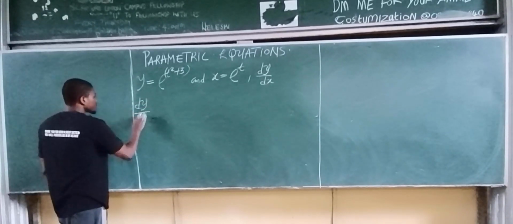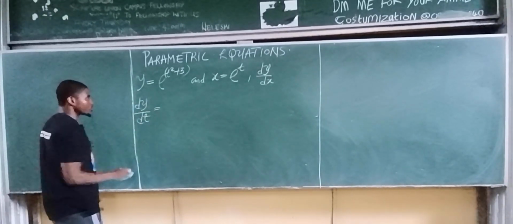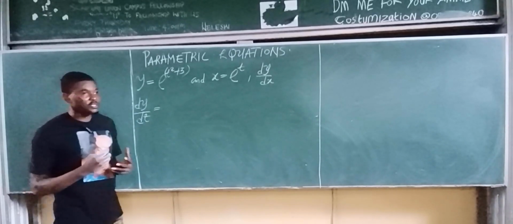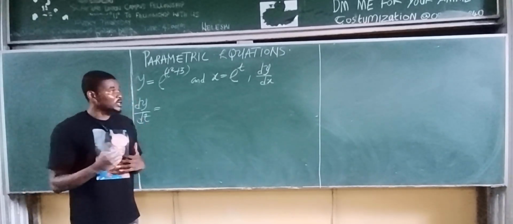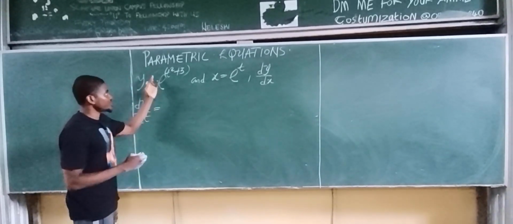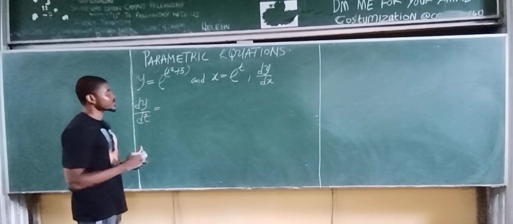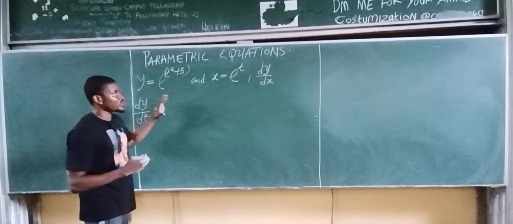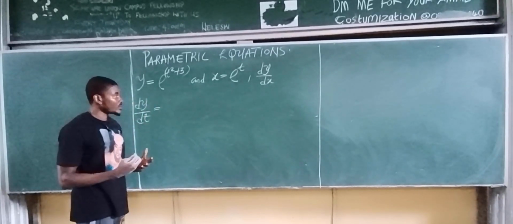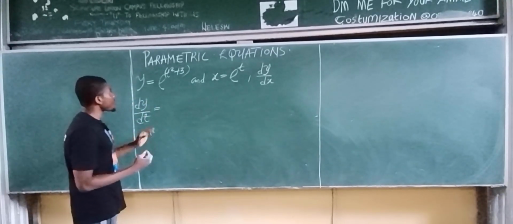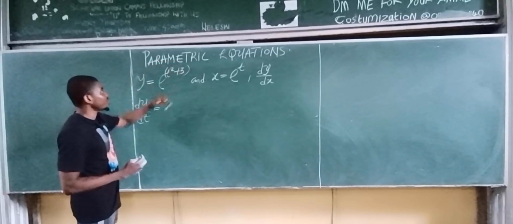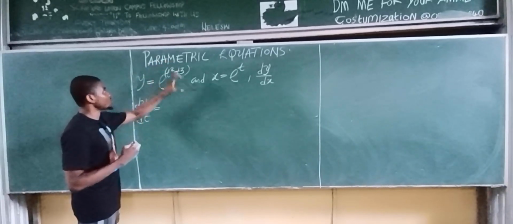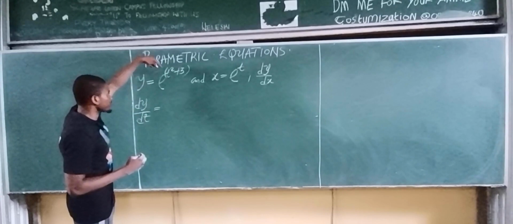Differentiating y with respect to t, from the shortcut approach to differentiating an exponential function, what you do is simply differentiate the power with respect to t, and use that derivative to multiply the exponential function itself. That gives you the derivative of the given function. So the power is t squared plus 5. If I differentiate this power with respect to t, of course, I will differentiate t squared.